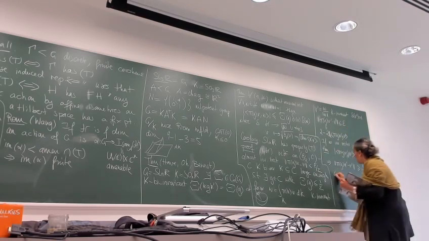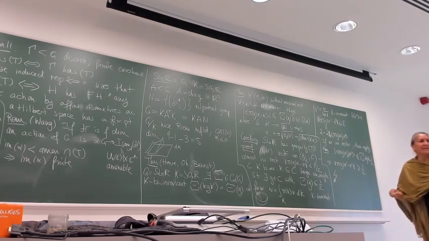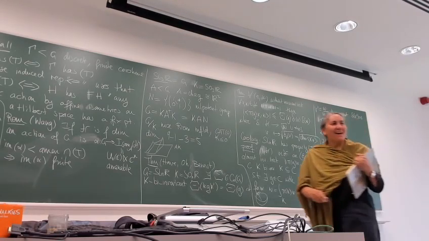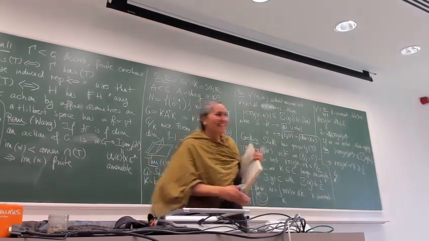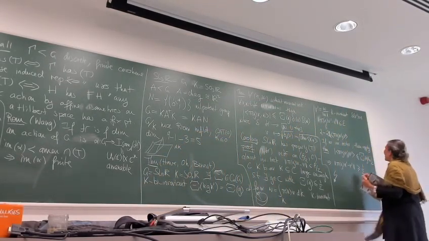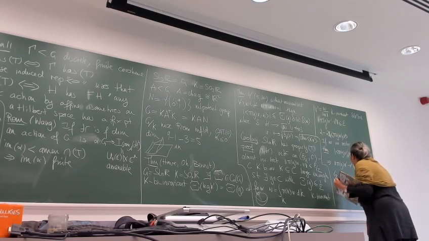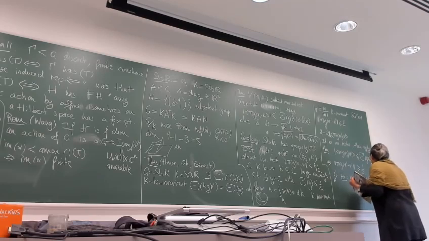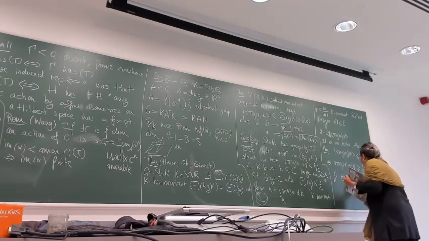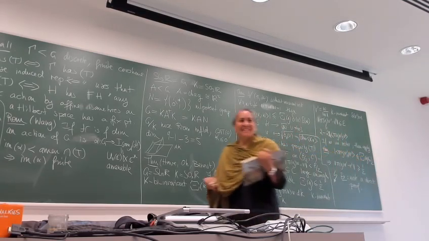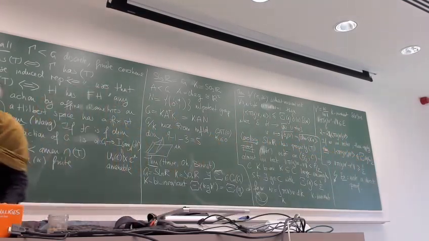I thought you didn't use proof by contradiction. Sorry? I thought you didn't use proof by contradiction. Yeah, I do. All right. So this is an exercise. Direct proof. Right. Yeah.